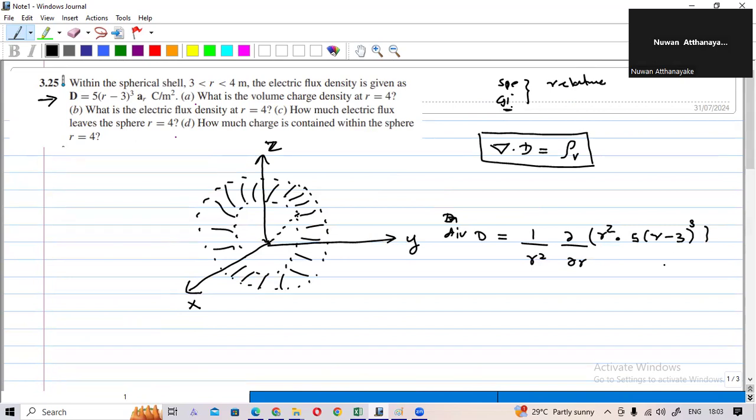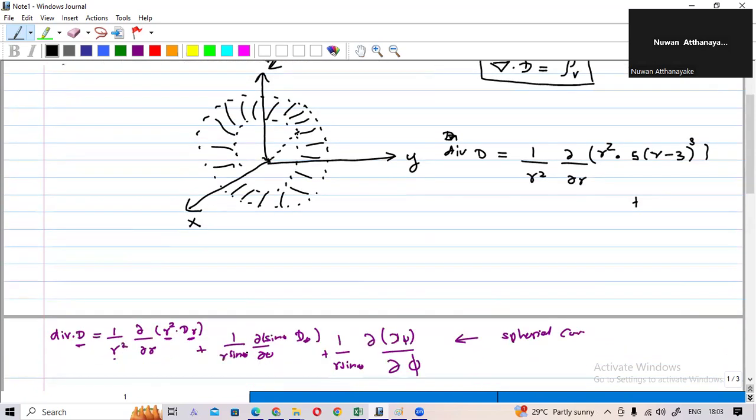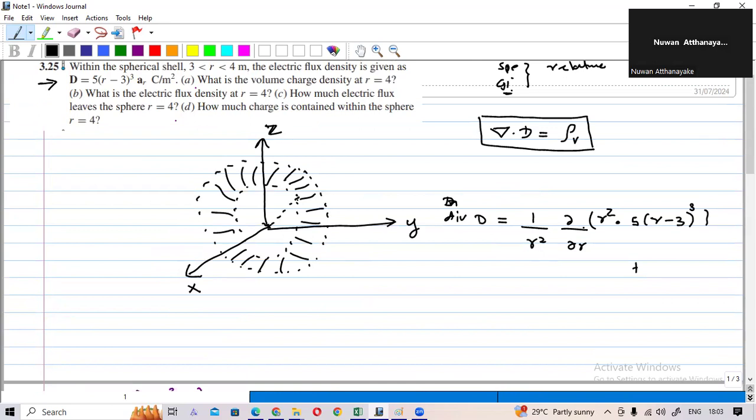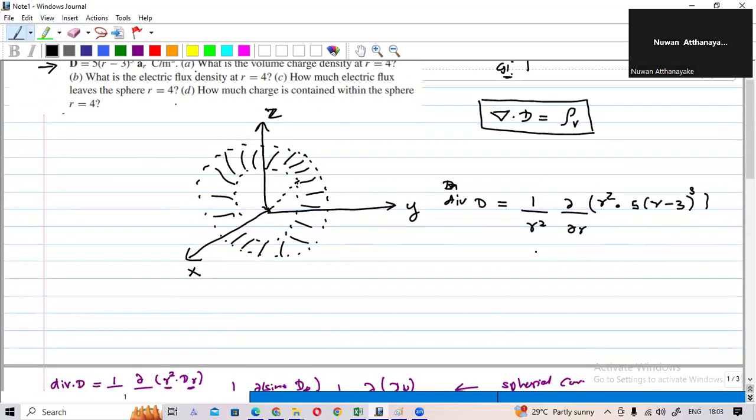Plus the phi components part will be 0 and this also will be 0 because there are no a theta and a phi components. So you have to only evaluate this derivation. That is not much difficult, so very easily we can do it.